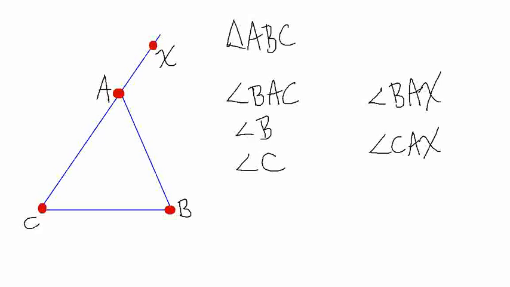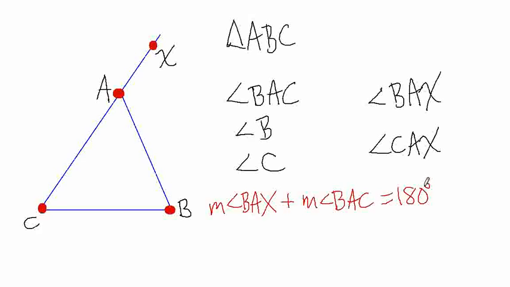So let me show you one way that you could do that. I hope you can see that the following is true. The exterior angle BAX, the measure of that plus the measure of BAC is 180 degrees. So those two angles form a straight angle, right? Furthermore, the sums of the measures of all the interior angles of the triangle also equal 180 degrees.